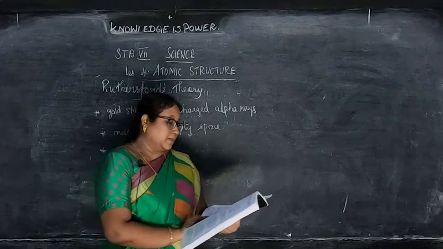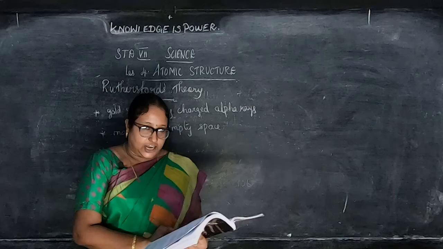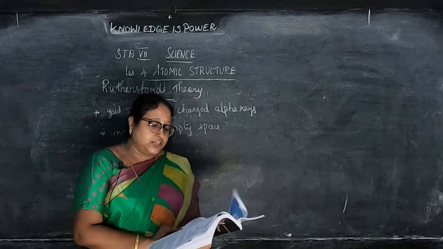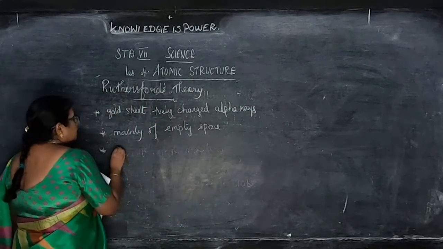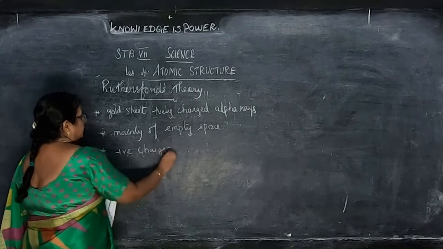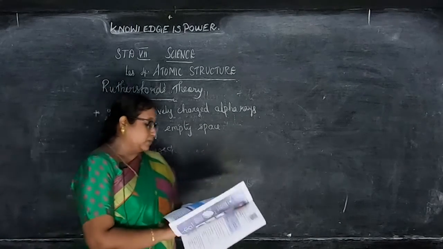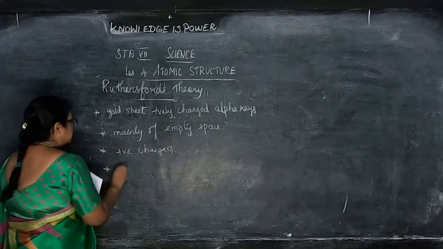The part from which the positively charged particles turn back is positively charged, and it is very small in size compared to the empty space. The rays which turn back were positively charged.